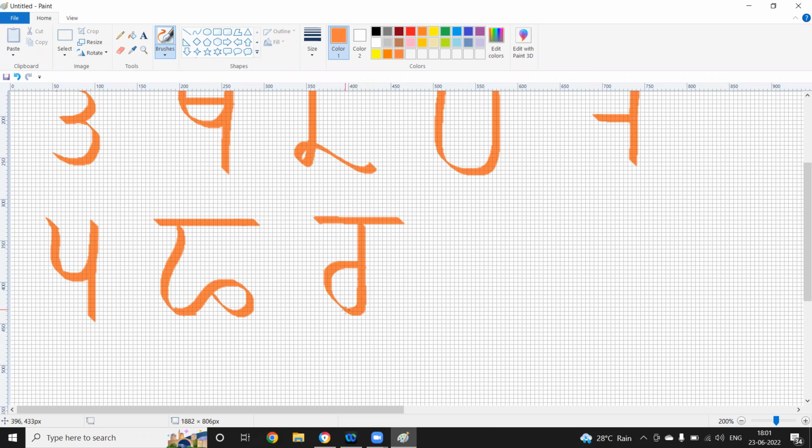Again, the shape is exactly round. This is a soft corner here, a soft curve, not an angled one. The only thing here is this slant. The line goes a little slant towards the left hand side and then it attaches to the vertical stroke like this. And then the next one we have is bha.